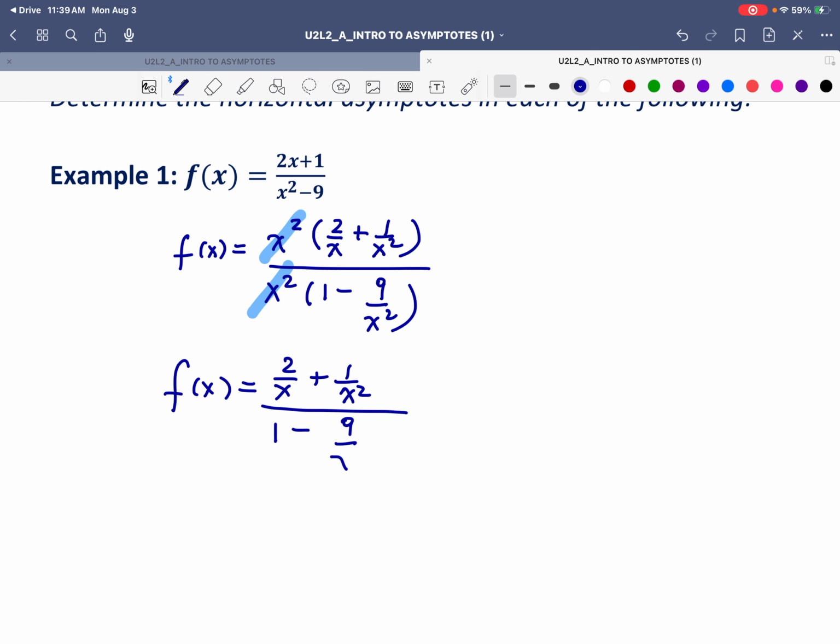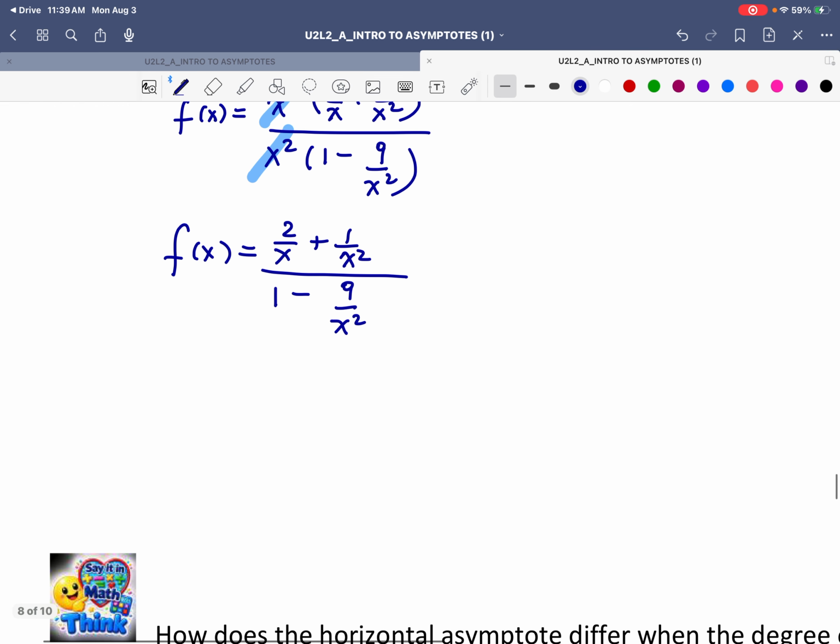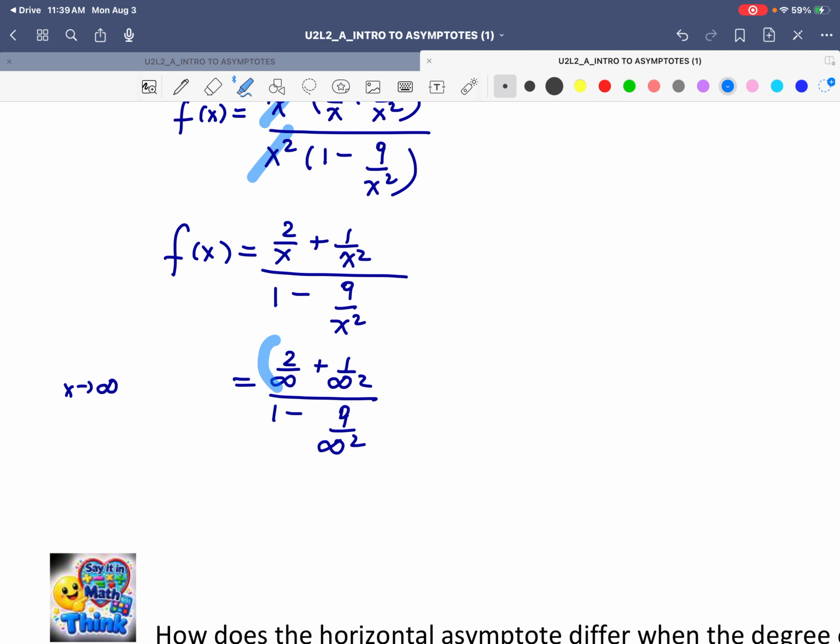So here's f of x equals 2 over x plus 1 over x squared, over 1 minus 9 over x squared. So if we let x approach infinity, then we'll have 2 over infinity plus 1 over infinity squared, over 1 minus 9 over infinity squared. So notice how all these numbers in here will turn into real numbers, estimated values, right, of 0.